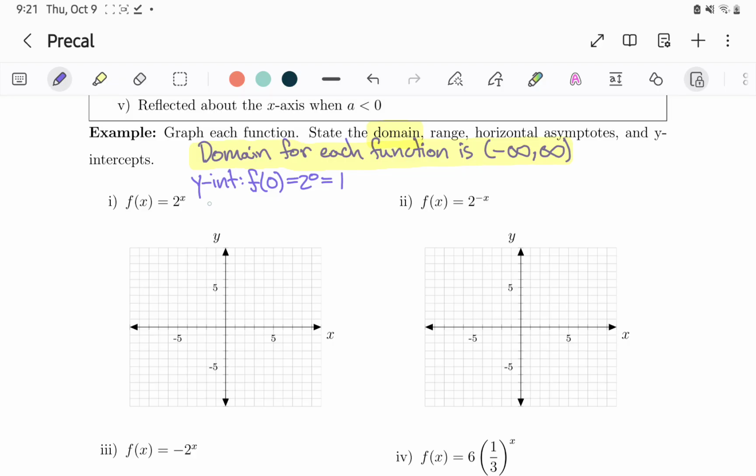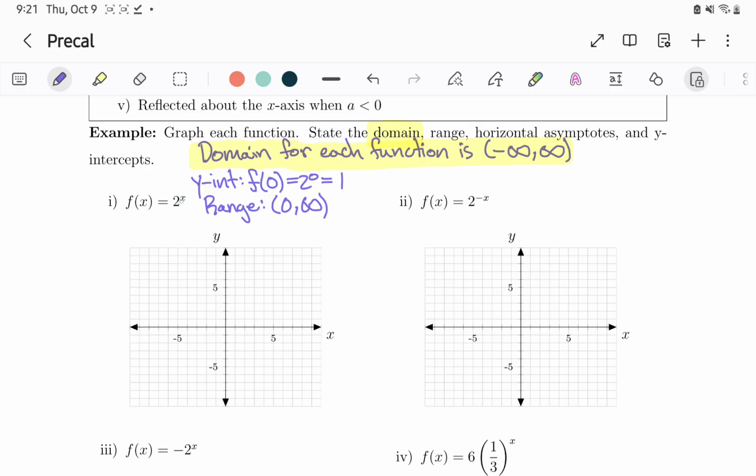For the range, this is going to be from 0 to infinity. As x gets very, very small here, the function's values are tending to 0.